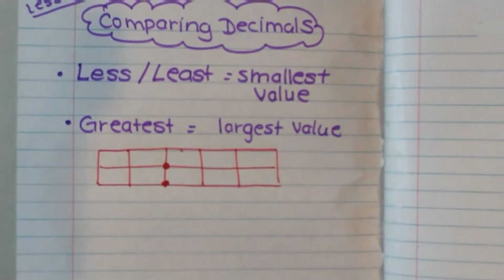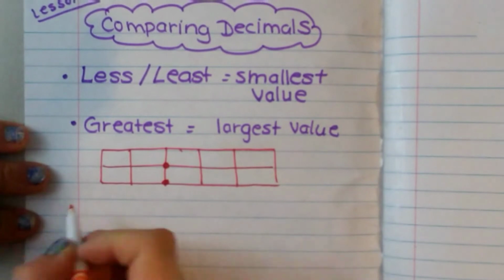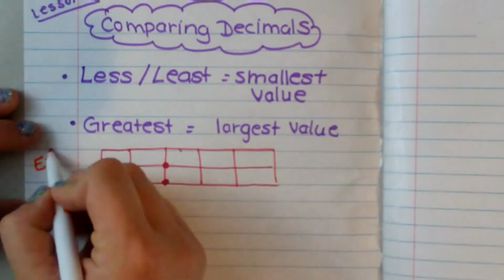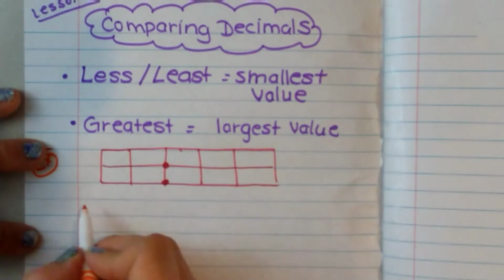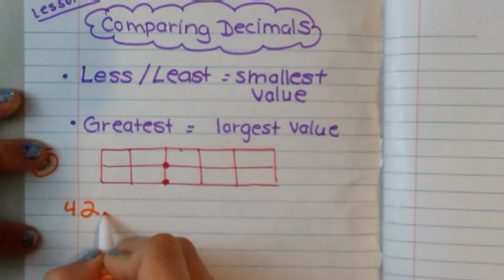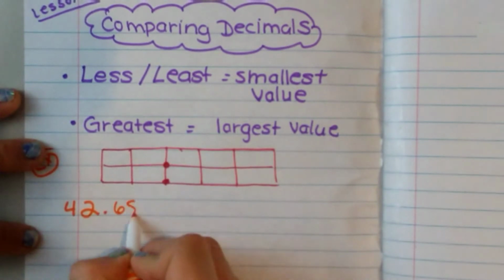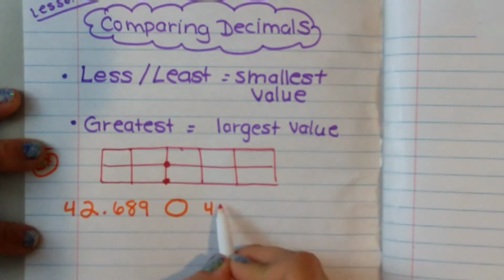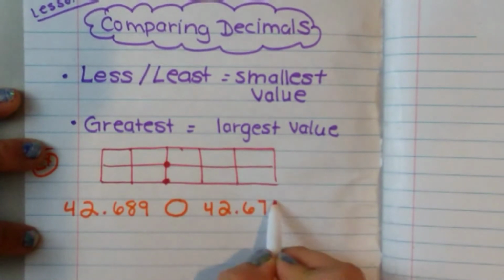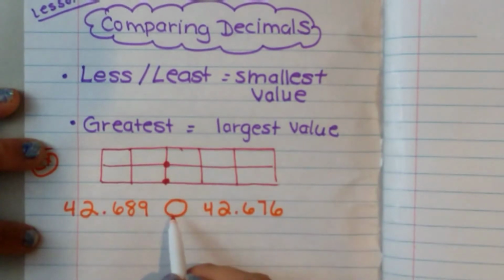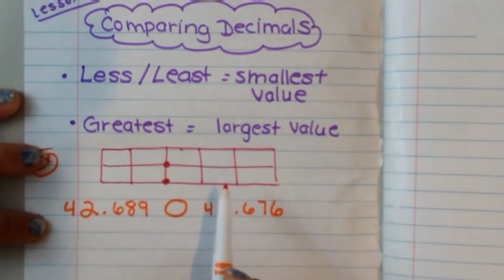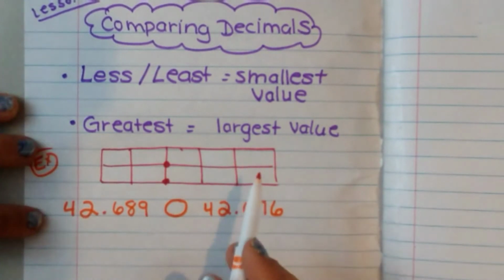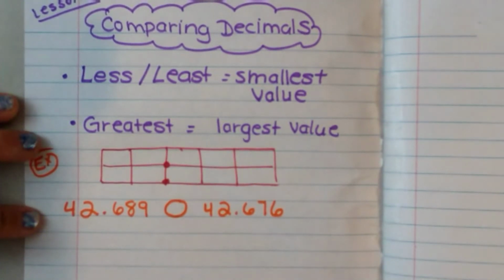I have two numbers. This is how it's going to be written. This is my example. My number is 42 and 689 thousandths and 42 and 676 thousandths. I want to see if one is greater than, less than, or are they the same number?